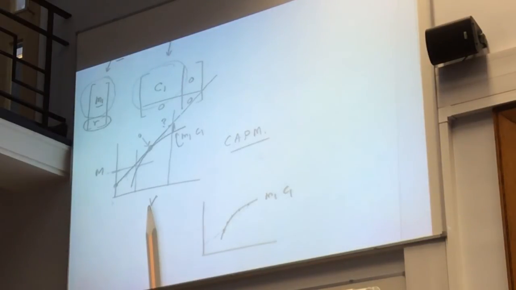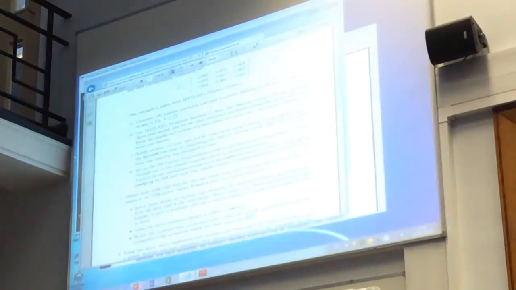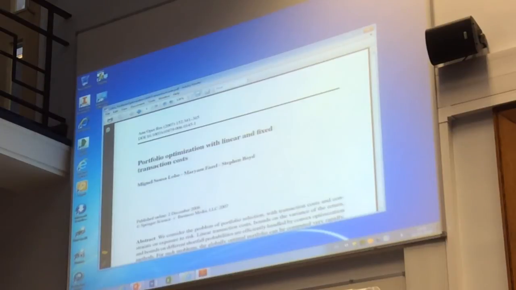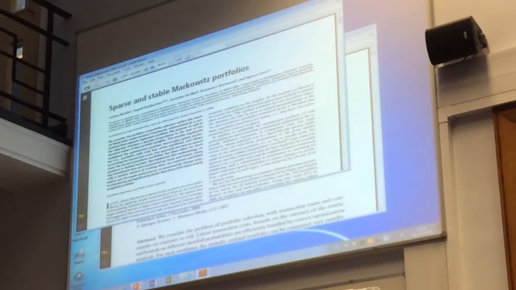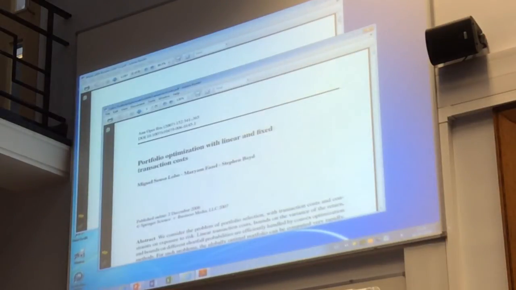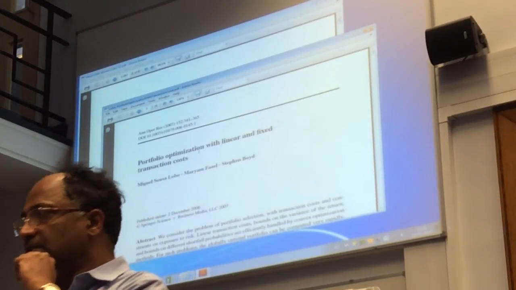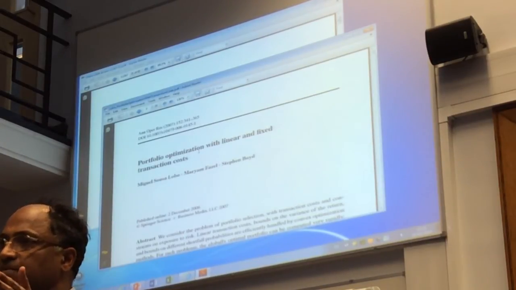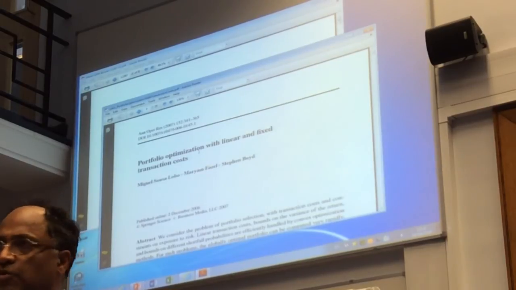Then we looked at a couple of recent papers on the same thing, which are Brody's paper, which you are implementing, and this Lobos paper, which is about including transaction costs into the optimization process. To me, this is about a third of what I wanted you to learn in this course: the third of the topic on portfolio optimization.